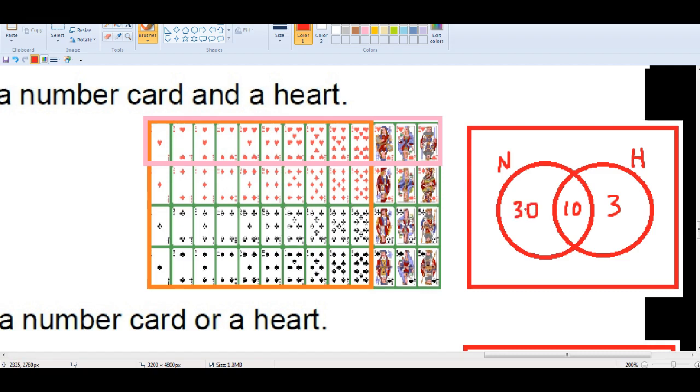So there are 30. So what are the rest of them? Should be 9. If you don't know how I get this number, I use 52, take away 10, 30, take away 10, take away 3. You got 9 of it.